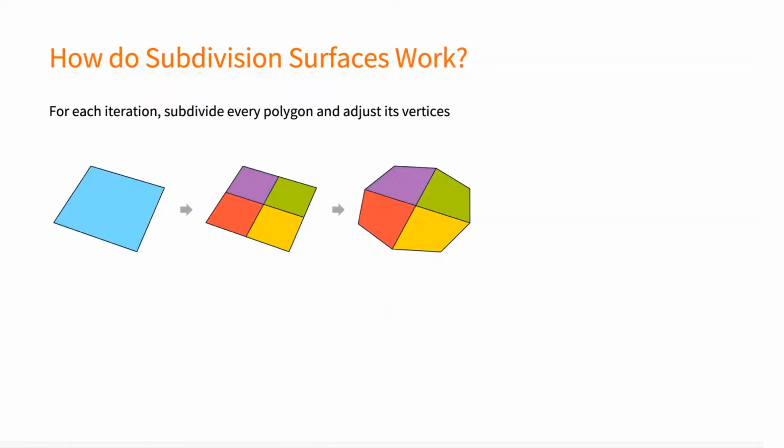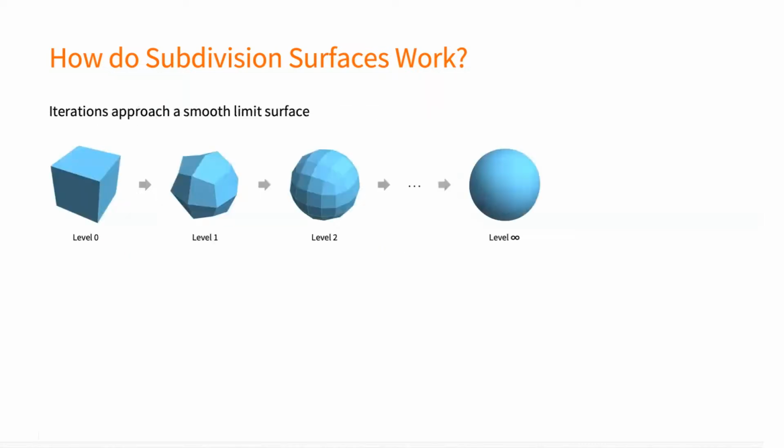So how do subdivision surfaces actually work? What we do is we take each polygon in the base mesh, and then we subdivide it into smaller polygons, usually 4, and then we take the vertices of those polygons and slightly adjust them. When we perform this on all the polygons of the mesh, the entire mesh becomes smoother and rounder with each iteration.